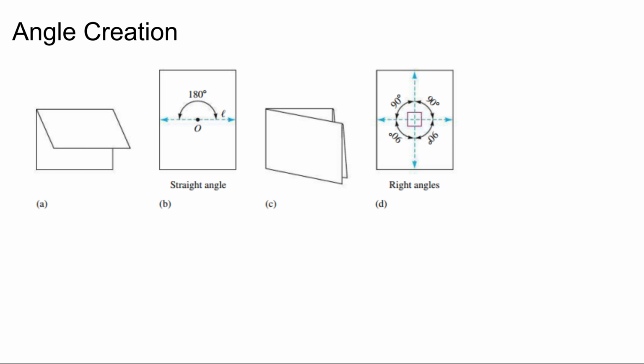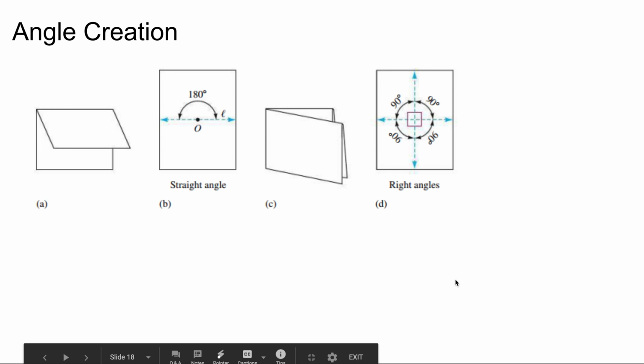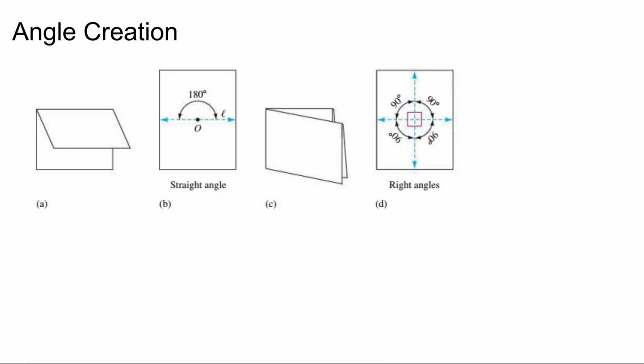I suggest you do such an activity with your students. It's going to be fun and it's more hands-on and tangible. So I think it helps your students to understand what's going on. You can fold your paper one time and then open it up, and then you can make a straight angle there, 180 degrees.